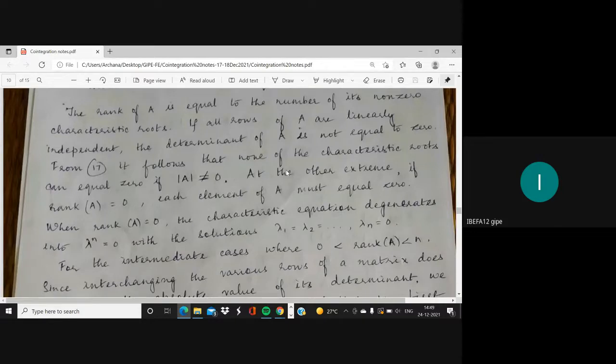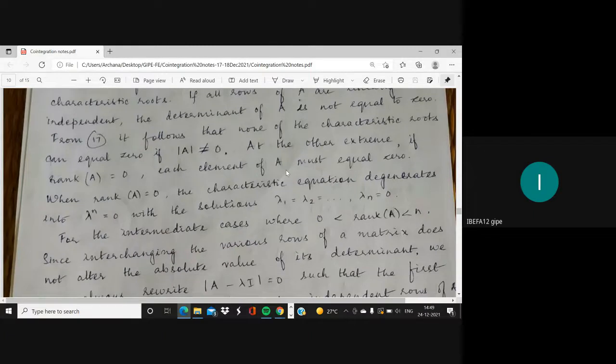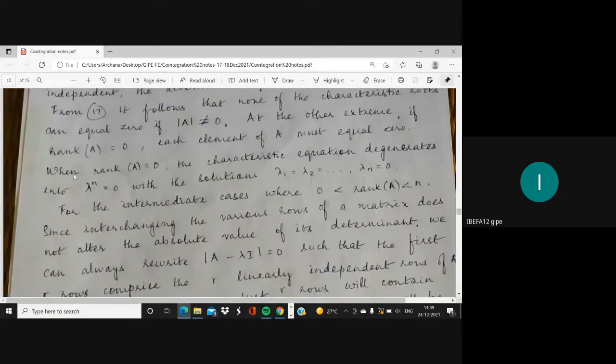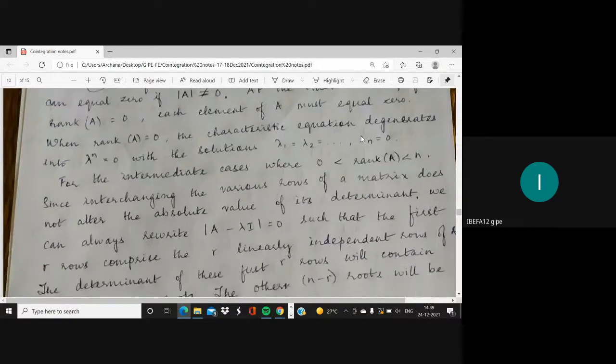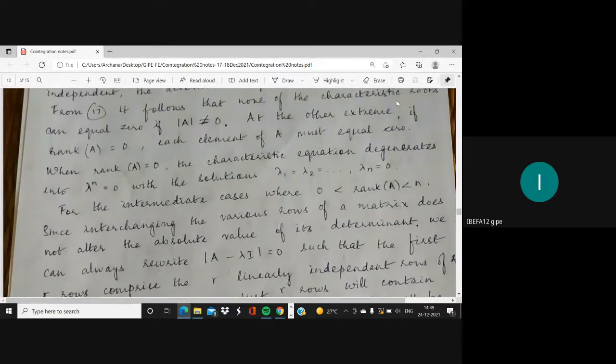Now at the other extreme, if the rank of A is equal to 0, then each element of A must equal 0. These are certain laws, and you'll find that it is true if you take numerical examples.